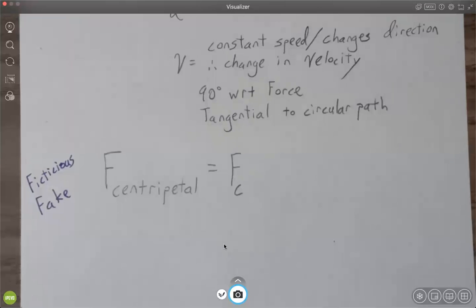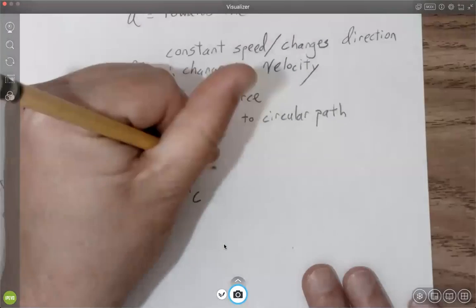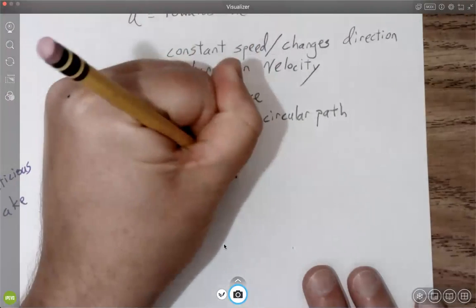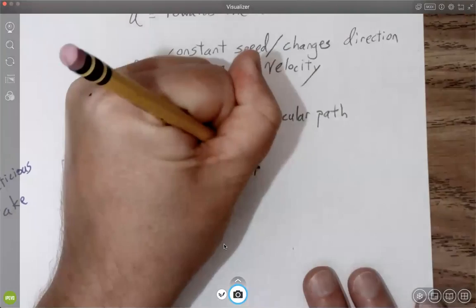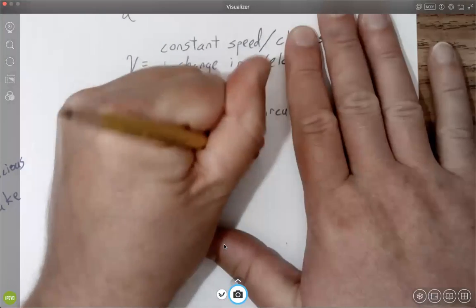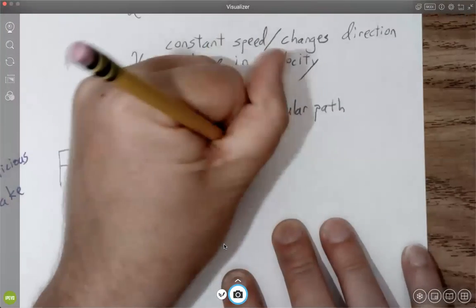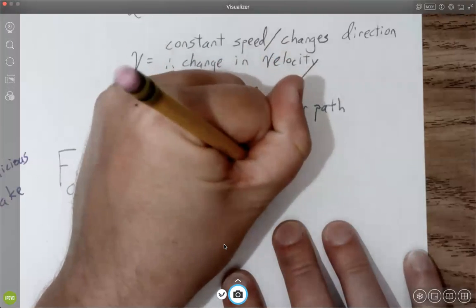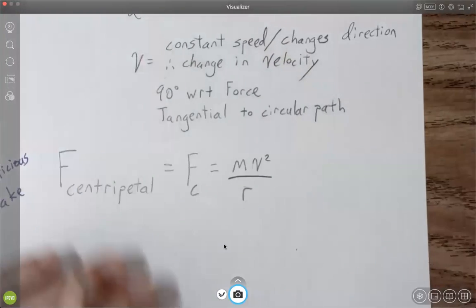I mean fake as in a centripetal force can be quantified by this equation, this m v squared over r.